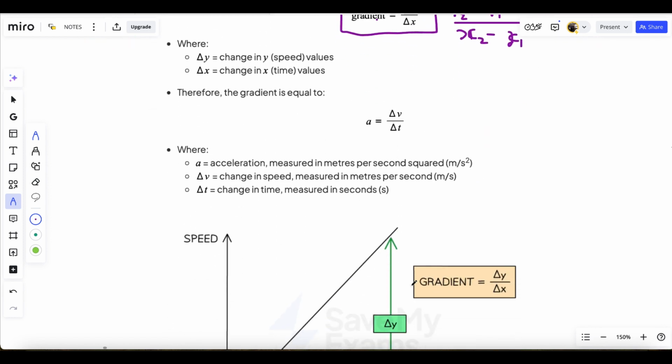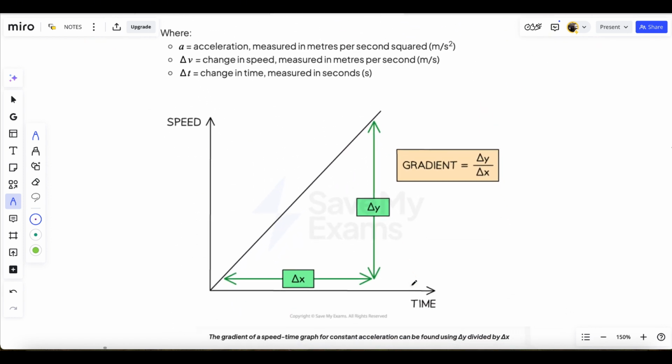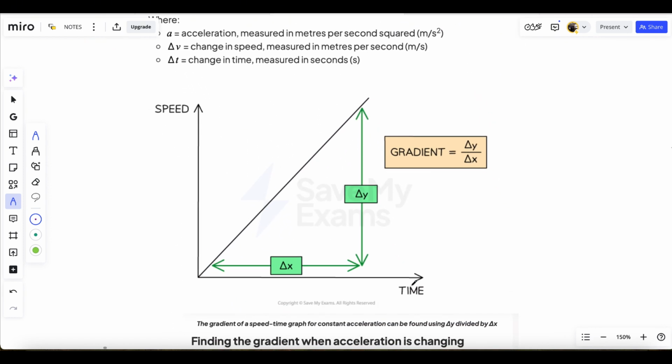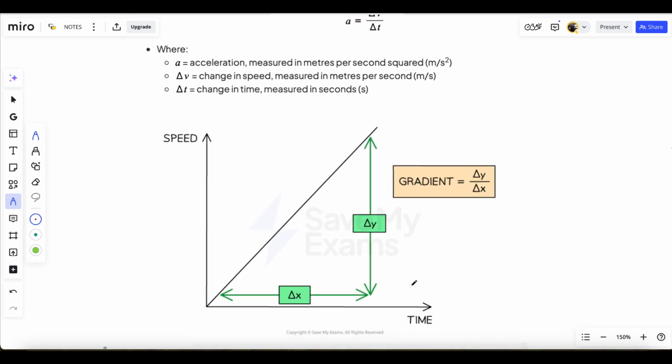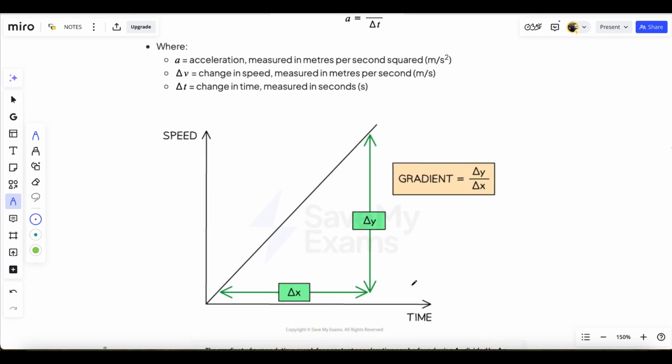So let's move on, since we already know. Now let's take a look at this graph. They've given us a speed-time graph. A is the acceleration measured in meters per second squared, and delta V is the change in speed. The change means the final speed minus the initial speed, the speed with which you started. So you must have two points on the line graph that you want to use to calculate your gradient.